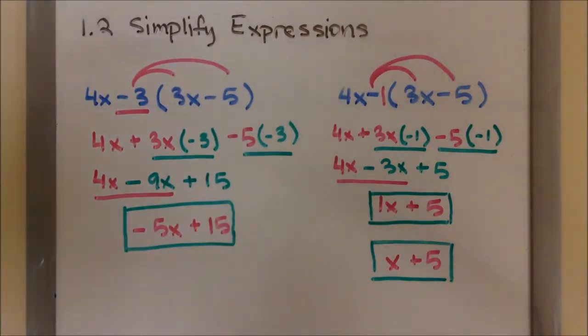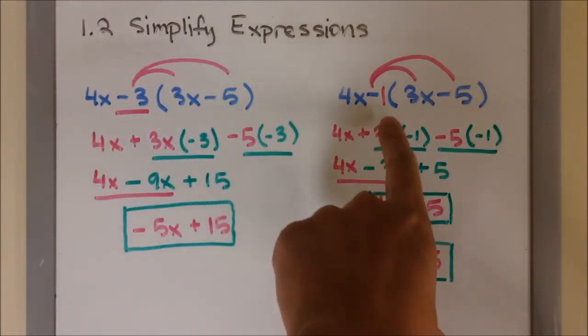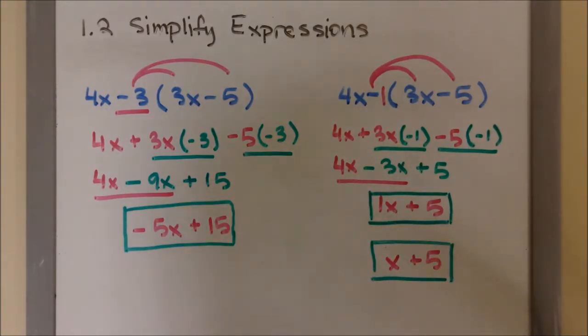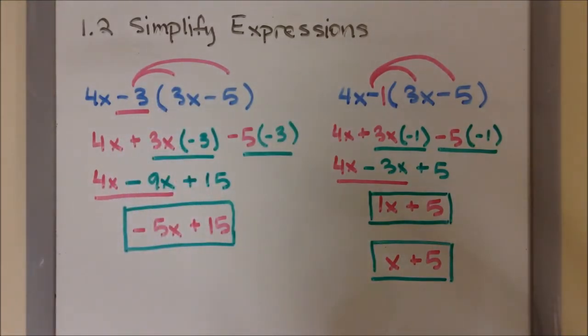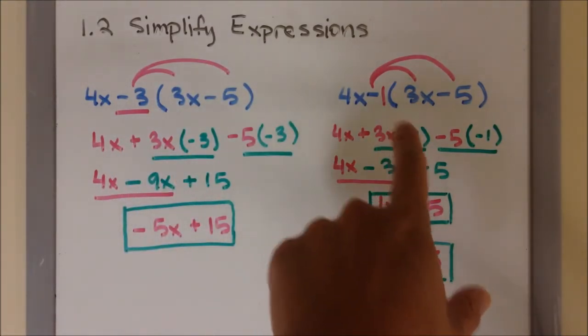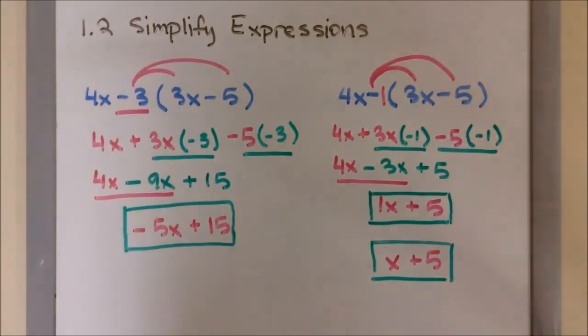Now, to review between these two examples, example 1 had a 3 in front of the parentheses. Example 2 had an invisible 1. So, we both end up distributing with the minus, but in example 1 we distribute with negative 3, and in example 2 we distribute with negative 1. And as we work it out and simplify, you see how the answers are different.